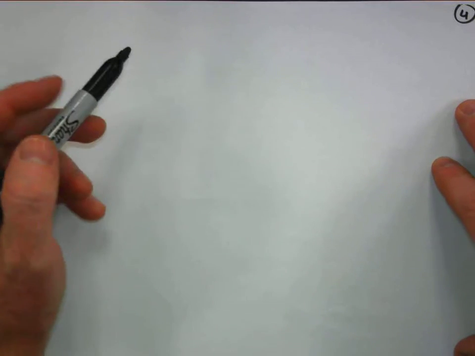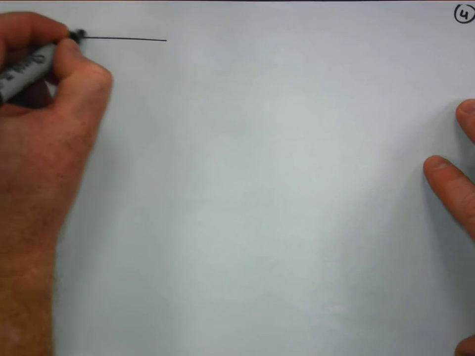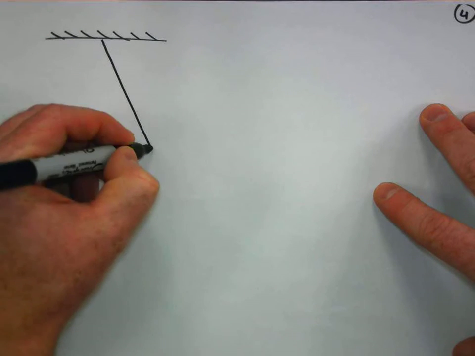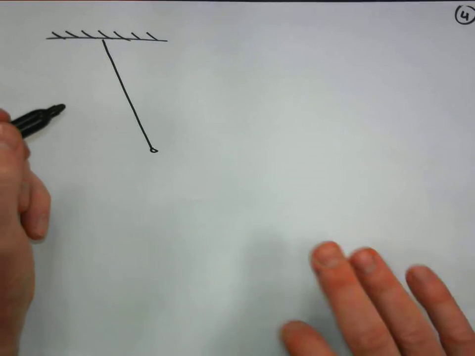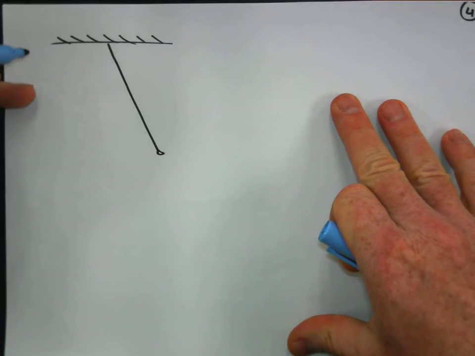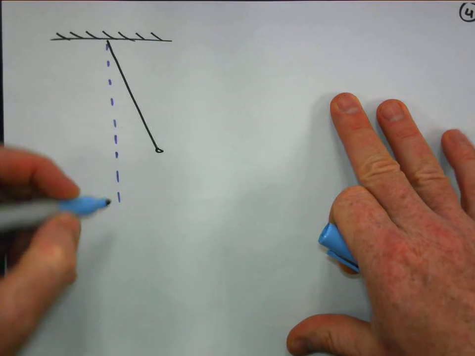Just a quick glimpse at a pendulum. Your textbook does a really good job of explaining how a pendulum really works in some detail. And it's not really hard to follow. The job the book does is really, really good. So we're going to have this thing attached to, let's say, a string. And what's going to go on is we have a vertical line for reference, more or less vertical.